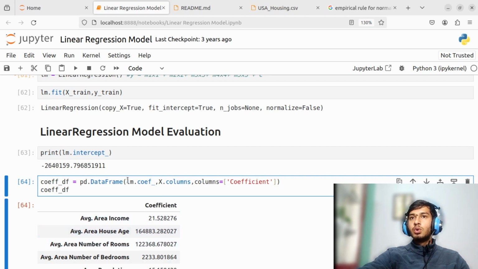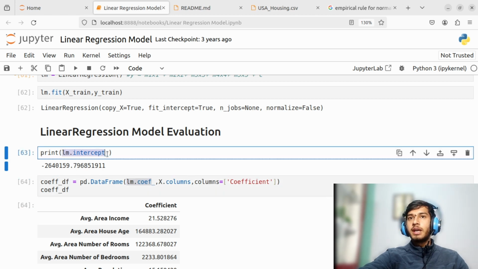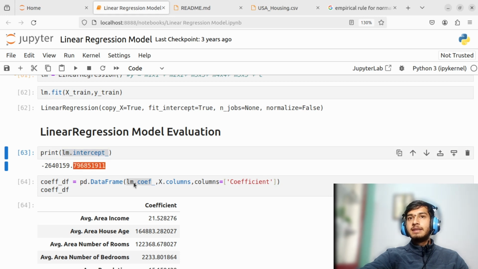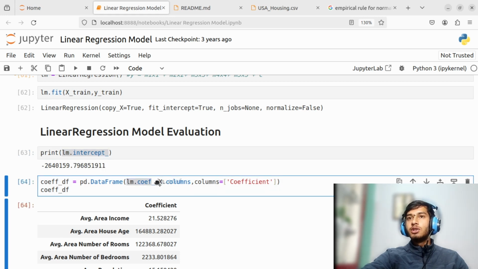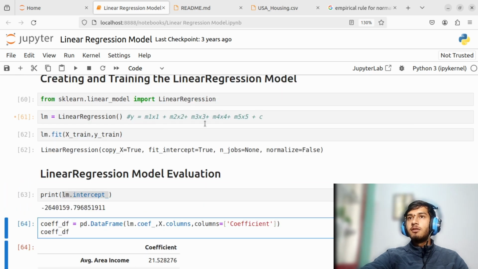Like lm dot intercept contains your intercept, lm dot coefficient contains your coefficient values. Here we have 5 coefficients.